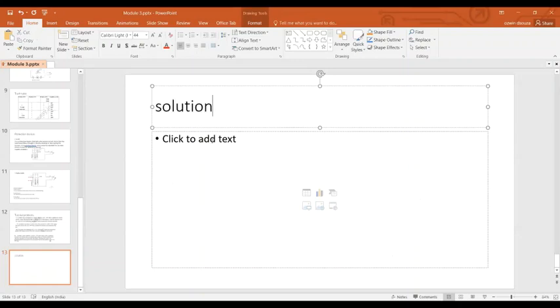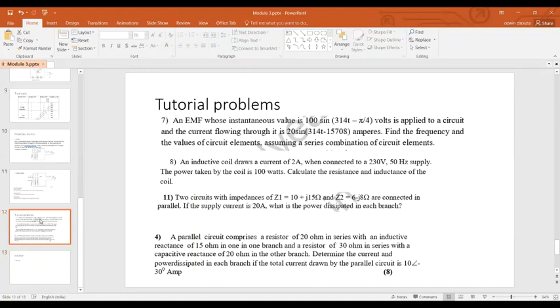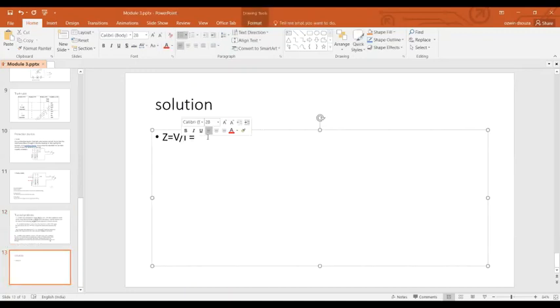So if you look at the solution, what you get is something like Z first, as you said. So Z is V by I, correct. So it is 100 by 20. That is 5 ohm.